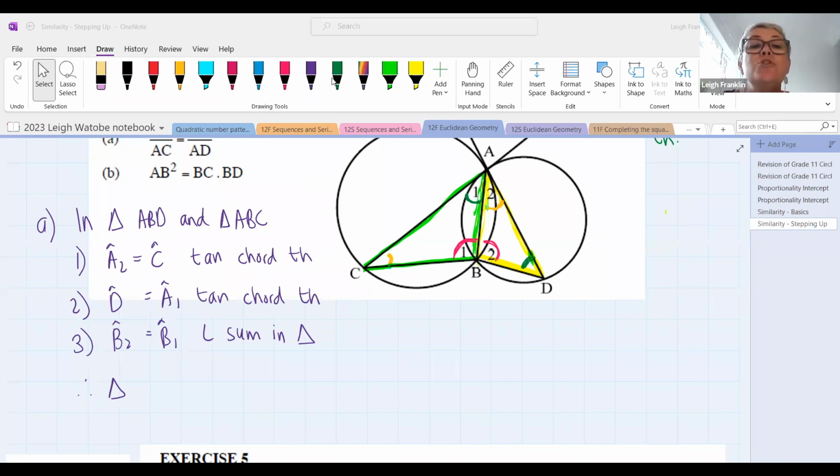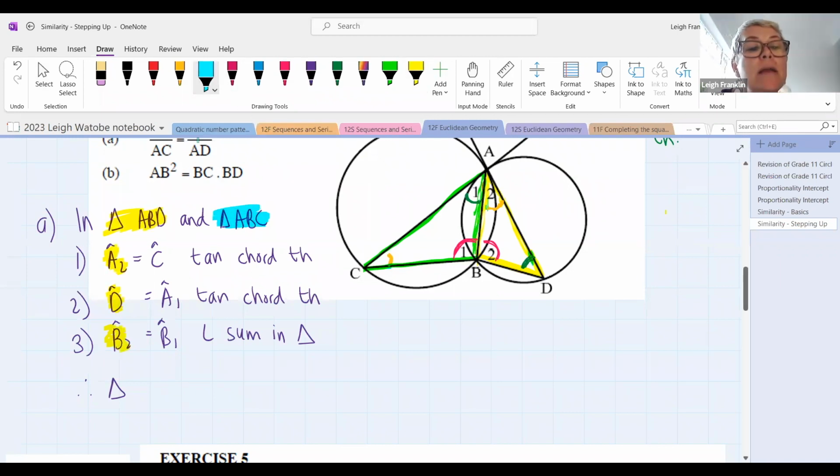So I want to point out to you what I did, and you guys can do the same thing. Again, this is where color helps us so much. So there is our yellow triangle ABD. Can you see I put angle A2 over here, angle D over there, and angle B2 over here? All right, so I wrote this triangle first, and I put all the angles that came in that triangle first in my list over here. Then over this side, I had triangle ABC, and then I put these ones second.